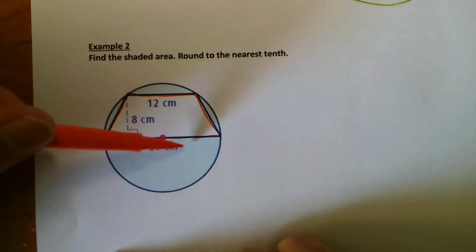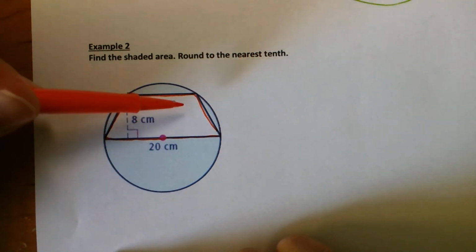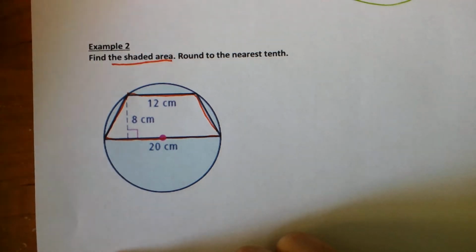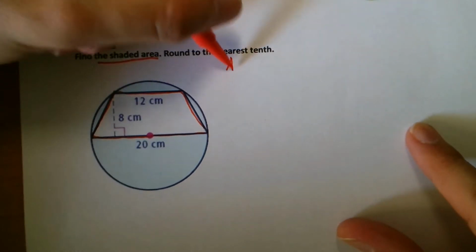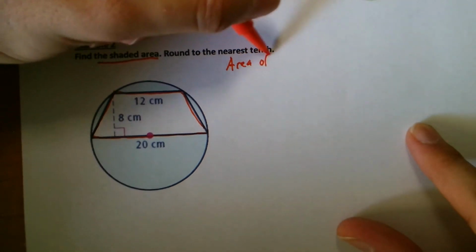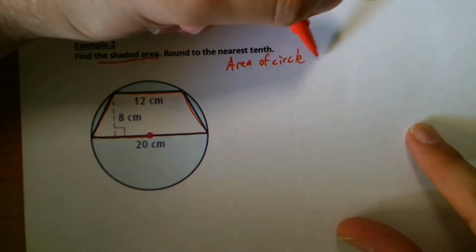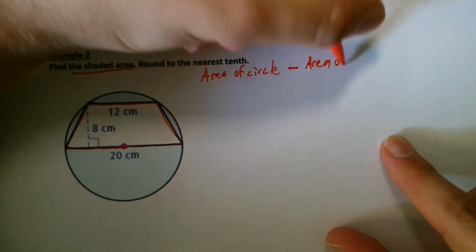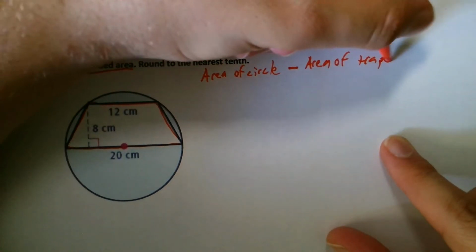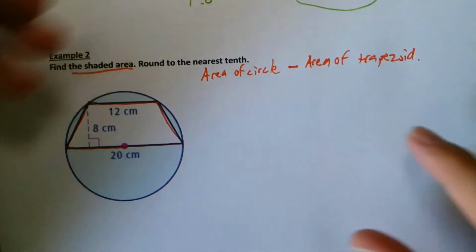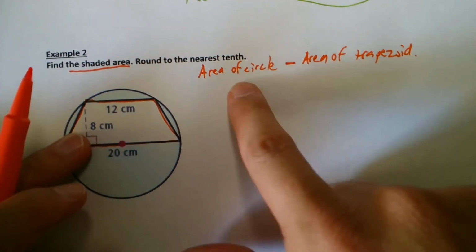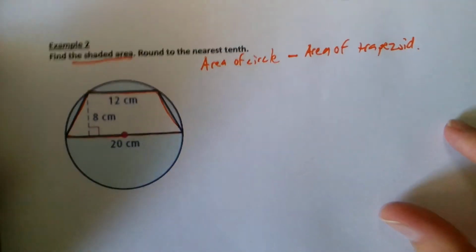If you look, only the circle is shaded, the trapezoid is unshaded. So if I want to find just the shaded area, what we're going to have to do is area of circle minus area of the trapezoid. Because the trapezoid is inside the circle, we can just subtract its area to find the shaded amount.